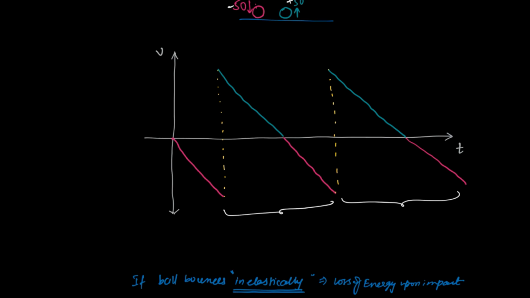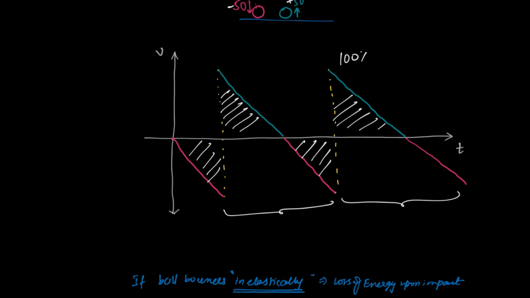Since it bounces elastically, the distance traveled upwards, or the area of this triangle, would be equal to the area of this triangle, and of this triangle. So the areas of these triangles would be equal because of 100% conservation of energy.